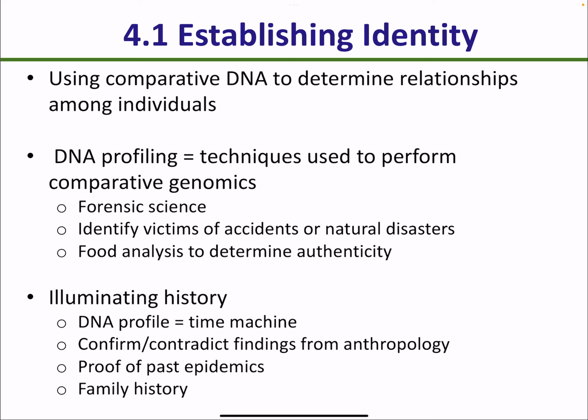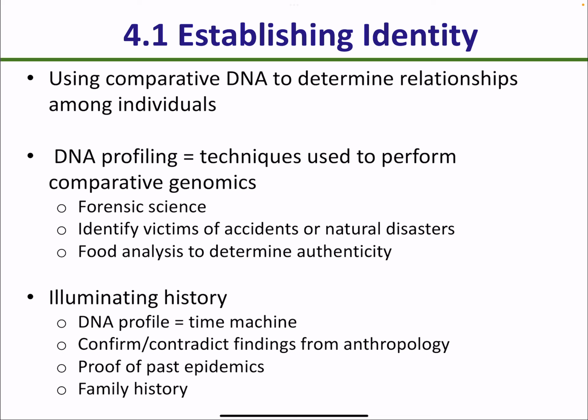With DNA profiling, it is possible today to identify victims of accidents or natural disasters. Think about, for instance, the tsunami that happened a few years back. There were some people who disappeared, and we didn't know exactly where they ended up.